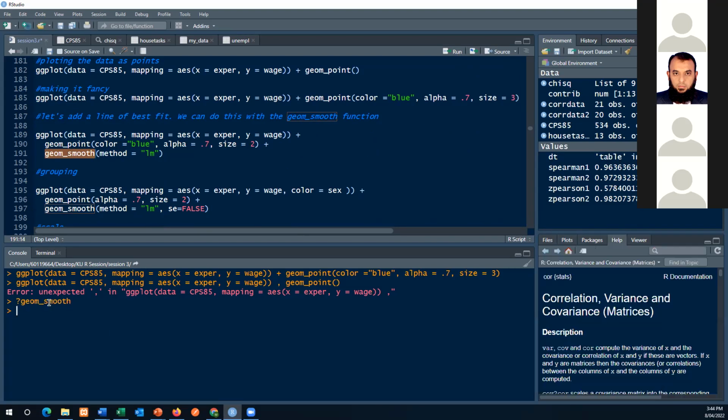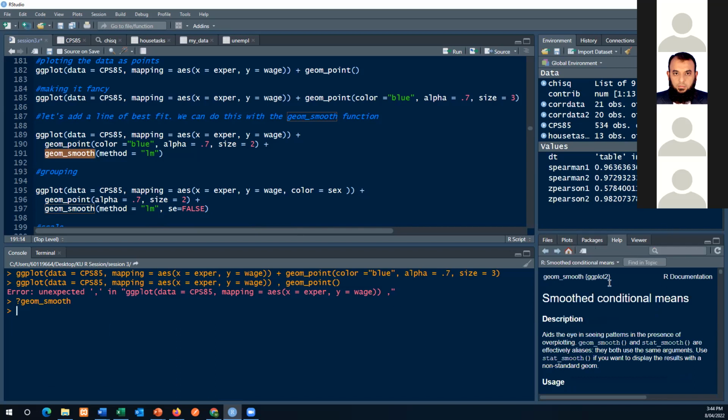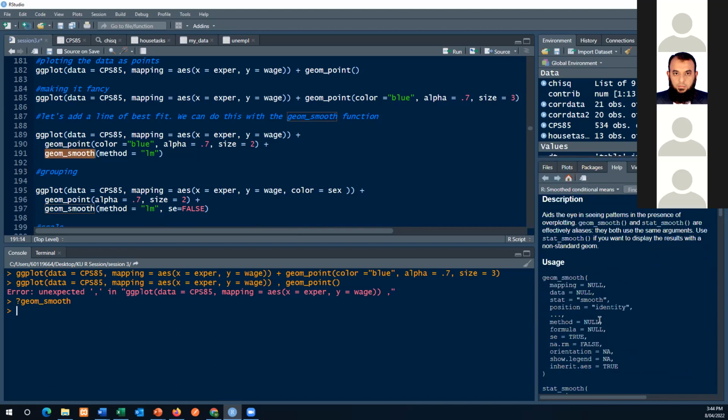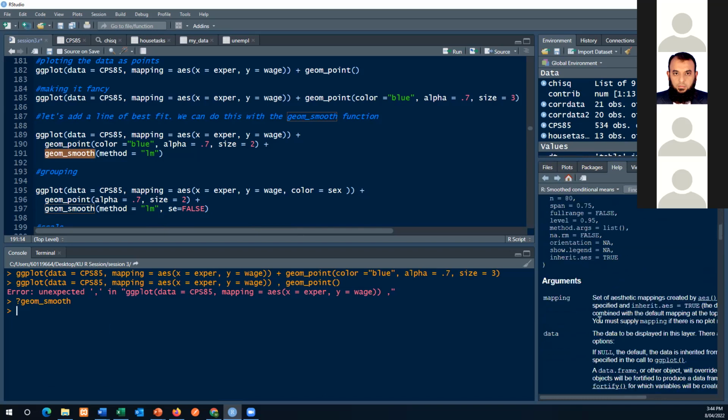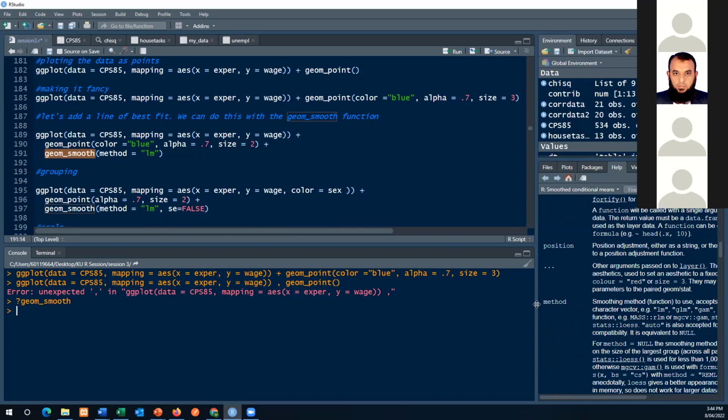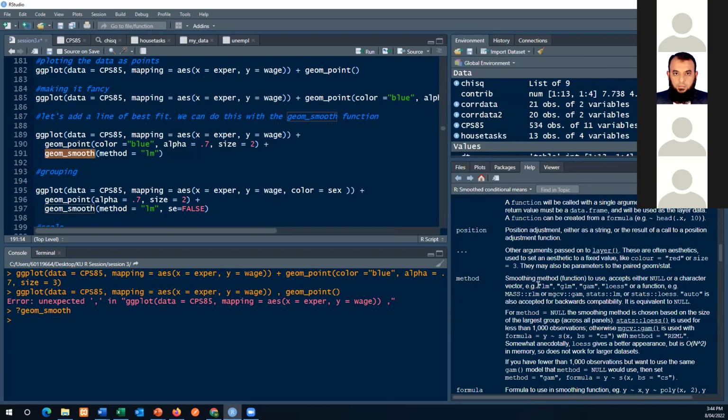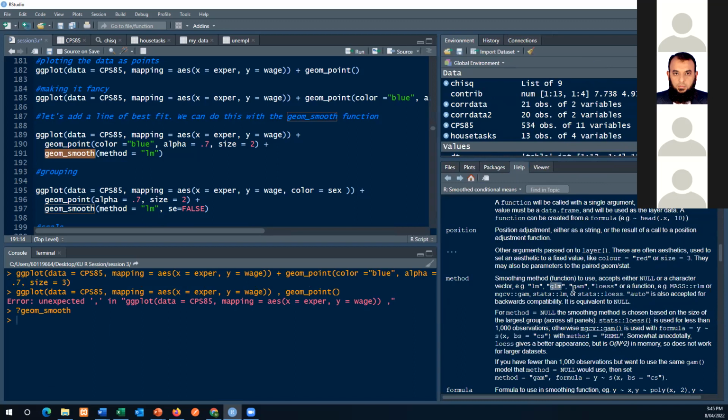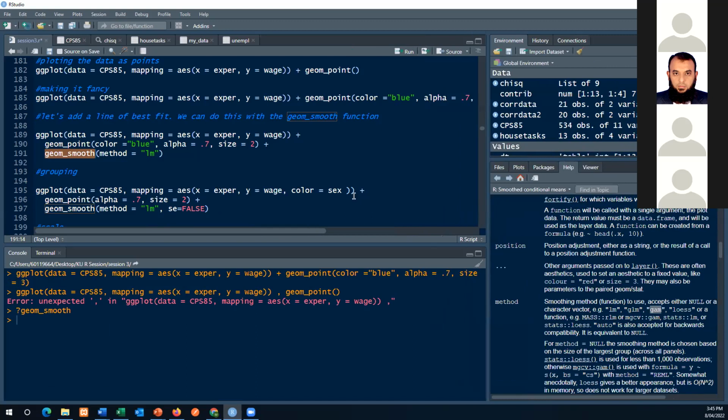You can see it can take different kinds of method, which is NULL by default, but the method can be a generalized linear model, the GAM function, or the loess function. There are different functions you can use, but we are passing only the linear one, y equals mx plus c. We just want to see how smooth that plot is.